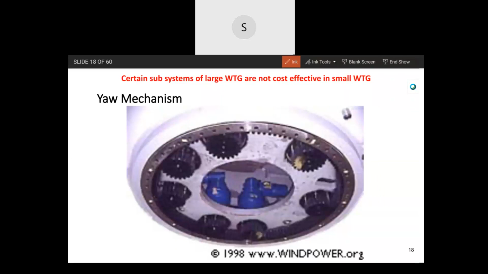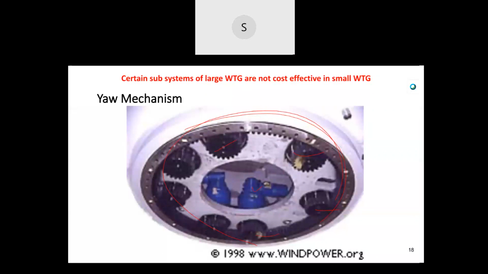If you enter the tower through that door and look up, this is what you will see. There is the yaw motor and all these gears, and the bearing on top of the tower that will be rotating along with the nacelle. It is not easy to have a miniature of this in small machines. It will be very costly if you do that.